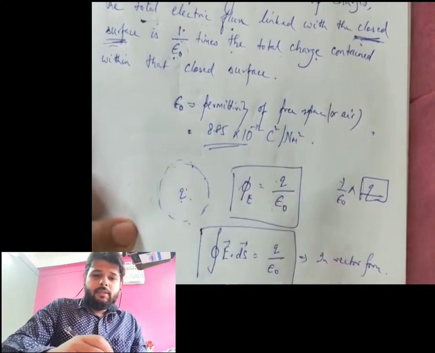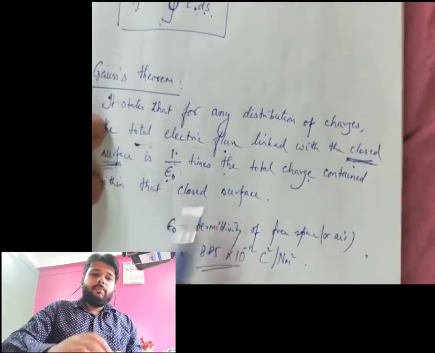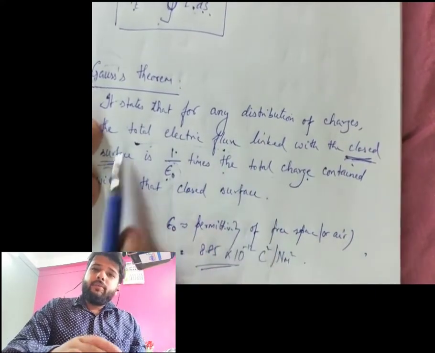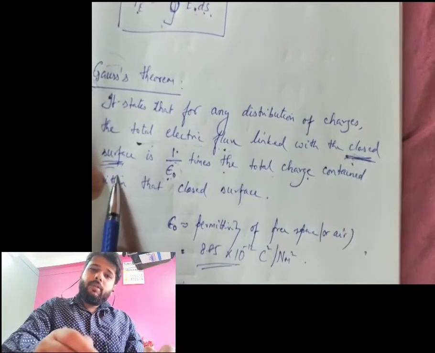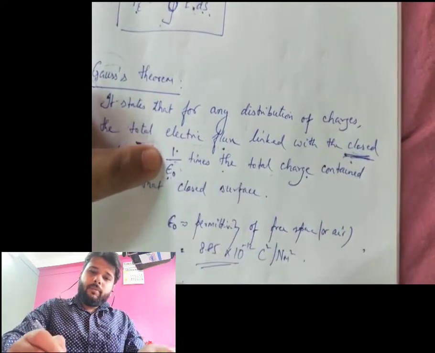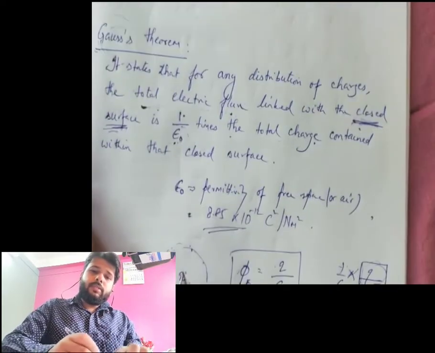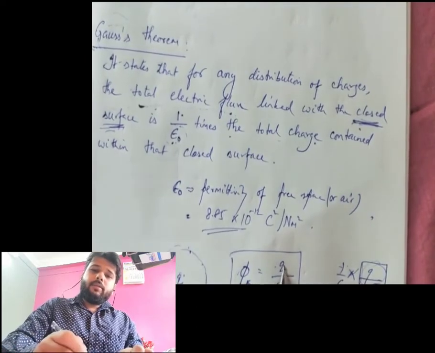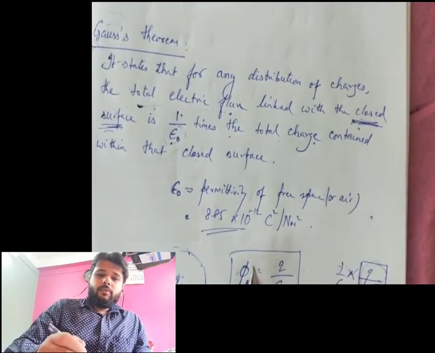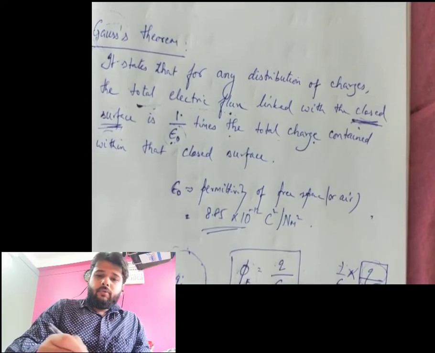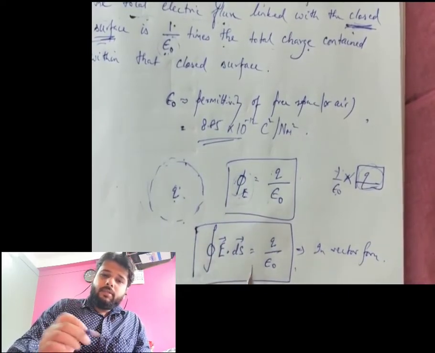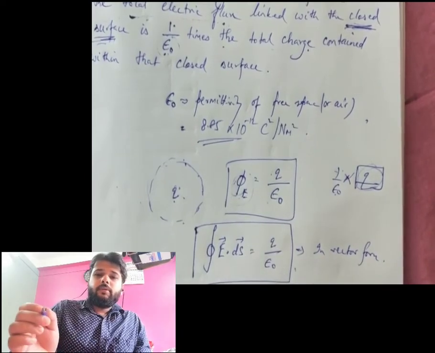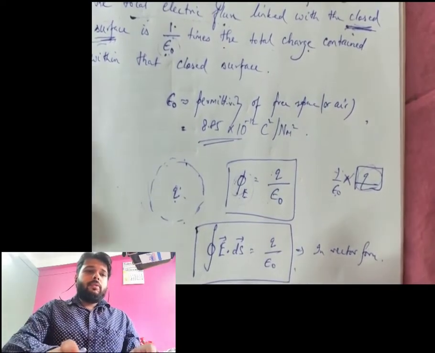Gauss's theorem states that for any distribution of charge, the total electric flux linked with the closed surface is always 1 by epsilon naught times the total charge. The total charge here is q, so phi e for the closed surface, the closed integral of E dot ds, is equal to q by epsilon naught. So this was Gauss's theorem.